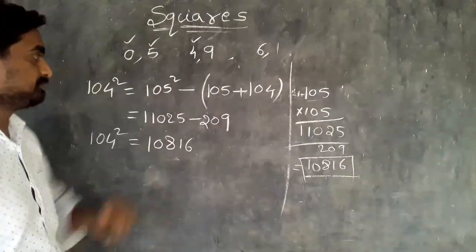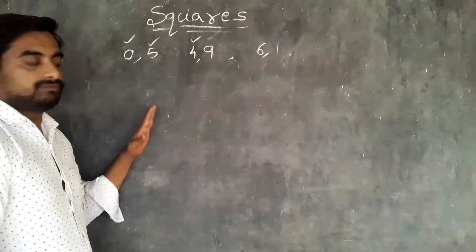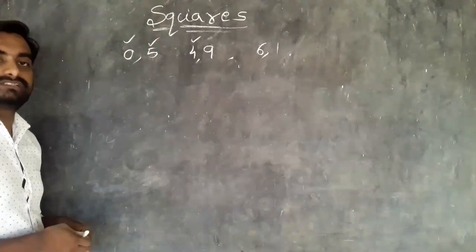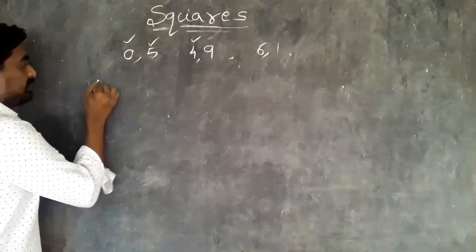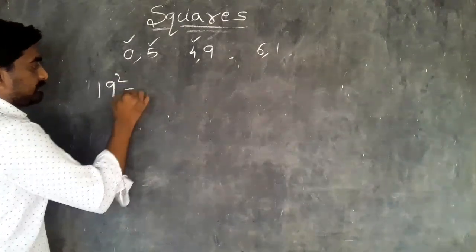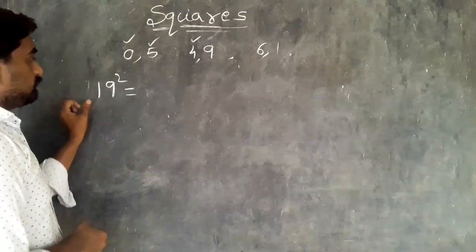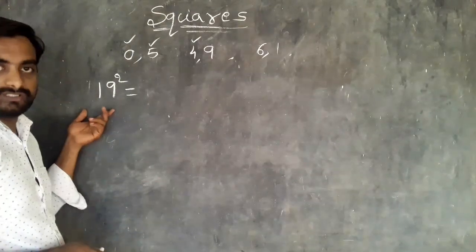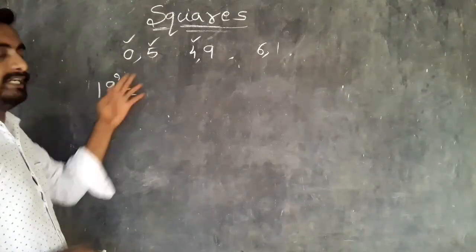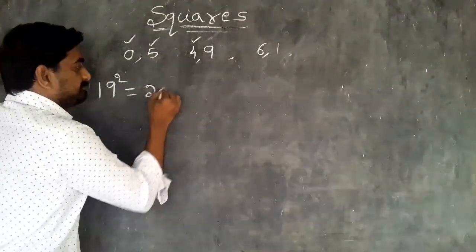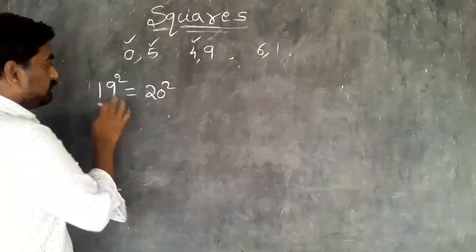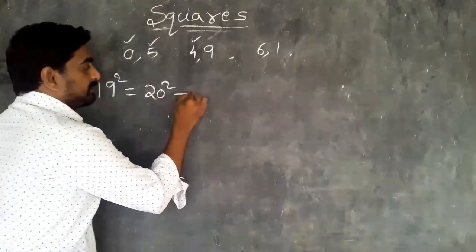How can we write? Okay, friends, we go for 9 ending numbers. 9 ending numbers are very easy because the round up number is a 0 ending number. For example, we take 19 square. The nearest 0 or 5 ending number is 20, so we take 20 square. 20 is a big number, so we subtract it.